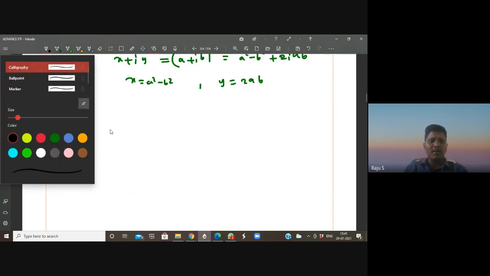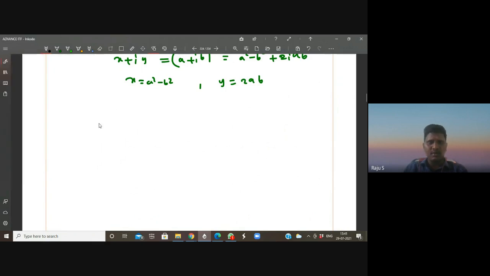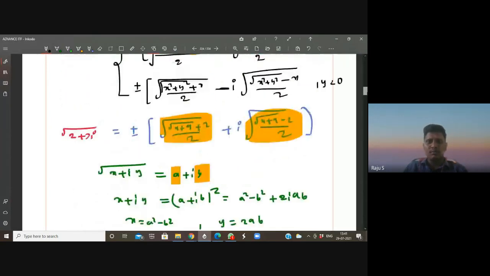And related to this, a few formulas are there. Like if you take the sum of the values, root over x plus iota y plus root over x minus iota y. You have to simplify this.